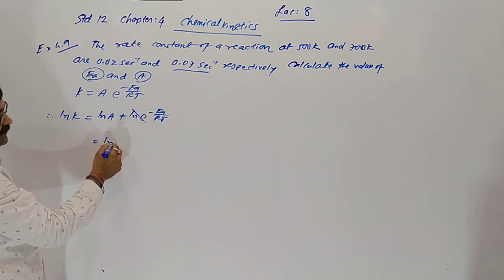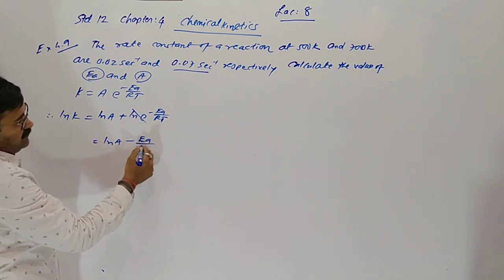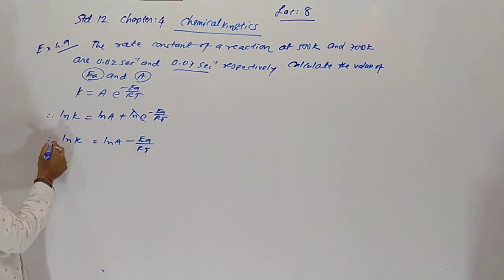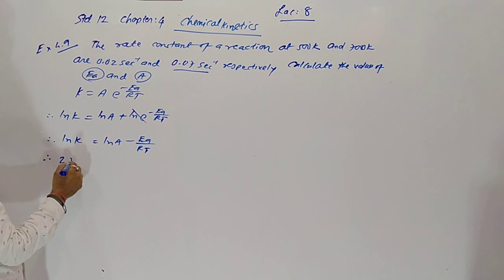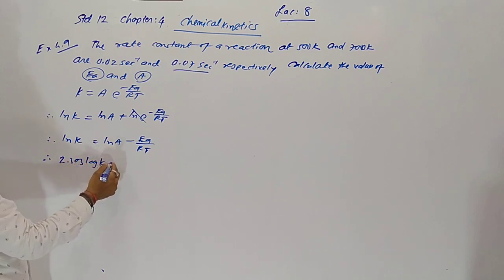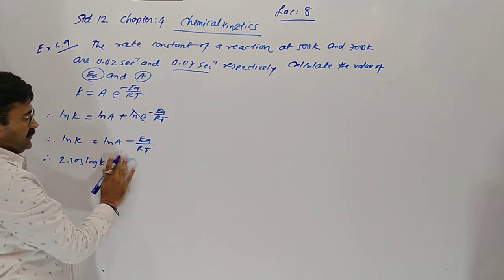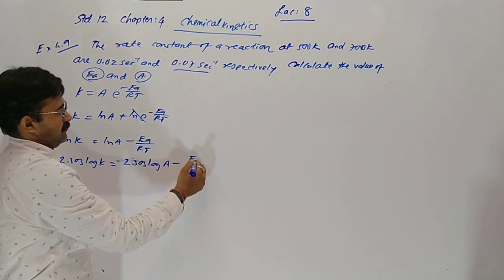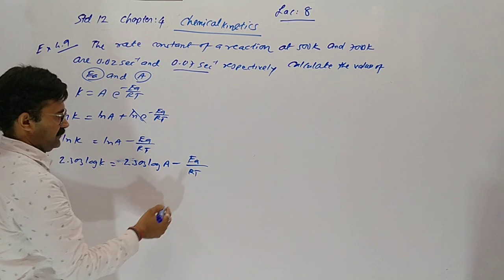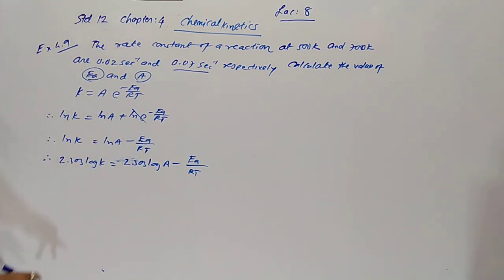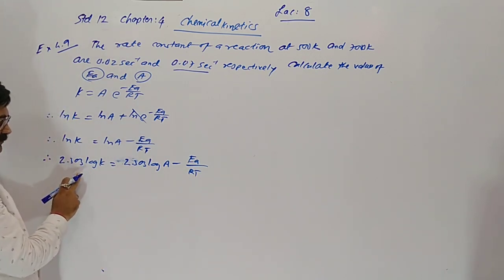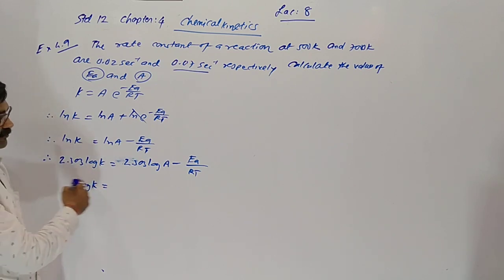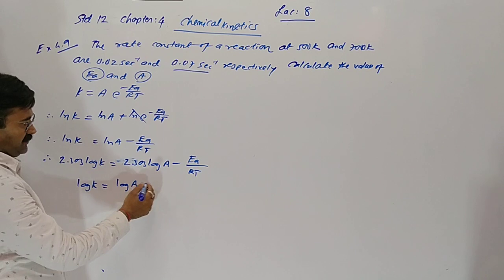This one became 1. So minus Ea upon RT. Ln k we are converting into log. So 2.303 log k is equal to 2.303 log A minus Ea upon RT. Linear is converted into log here. We are dividing by 2.303 to the whole equation.